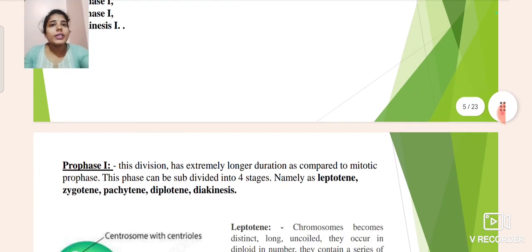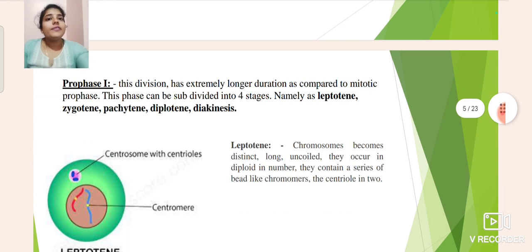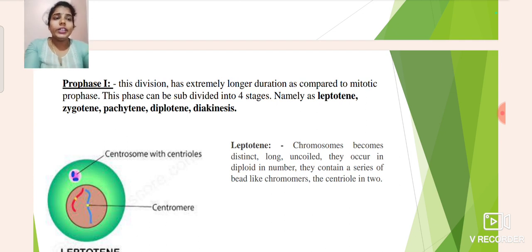Prophase first has a longer duration. It takes more time because prophase first consists of five different substages. That is the only reason prophase first has an extremely longer duration compared to mitotic prophase.